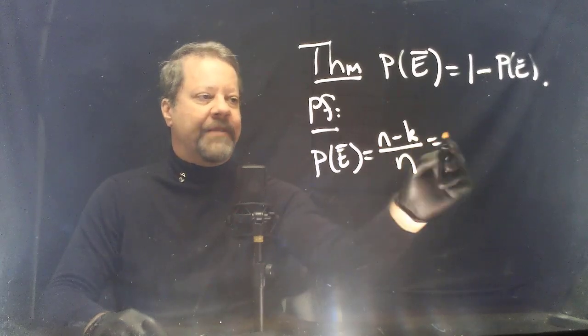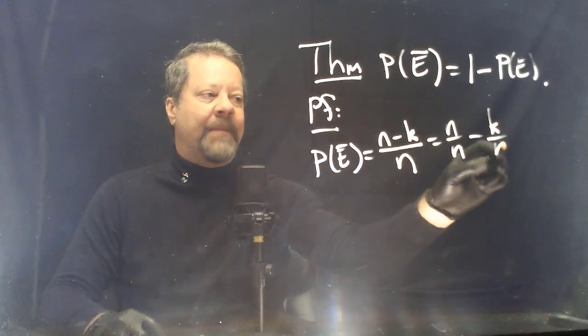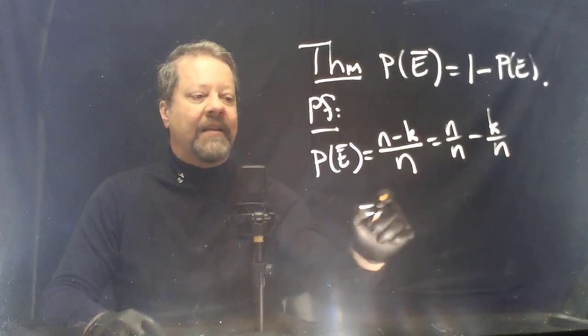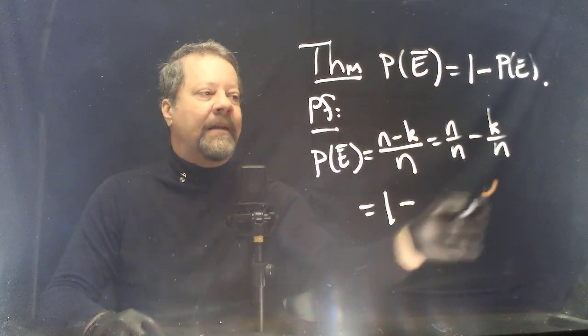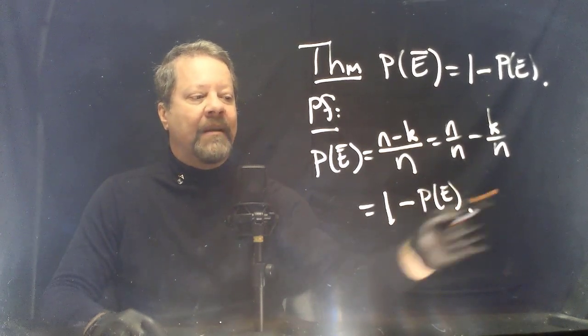We can simplify this fraction as n divided by n minus k divided by n. And now you see n divided by n is 1, and k divided by n is the probability of the original event E. And so that's the end of the proof.